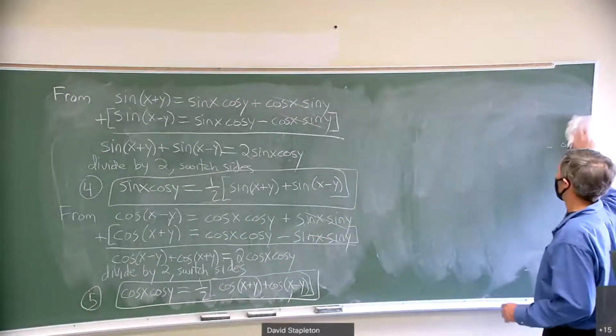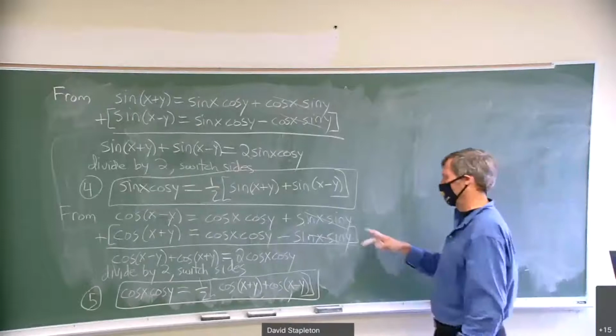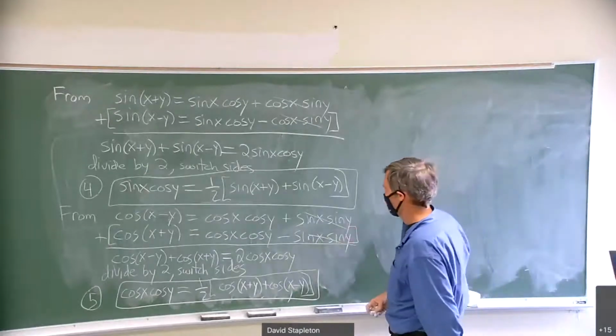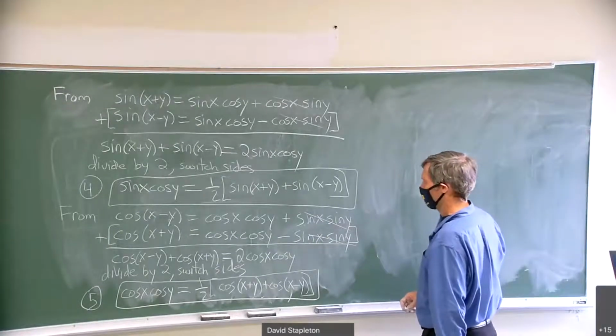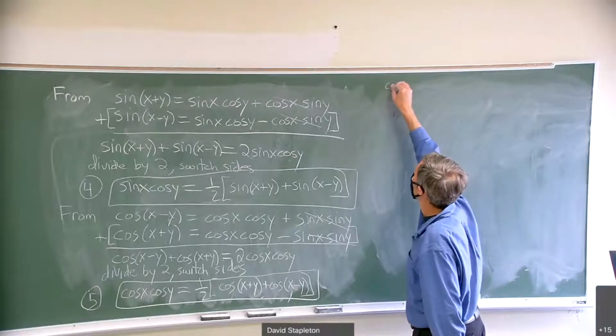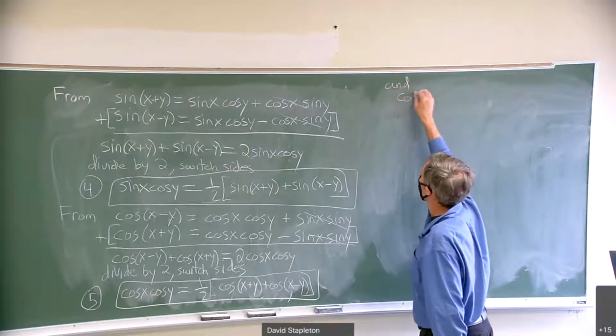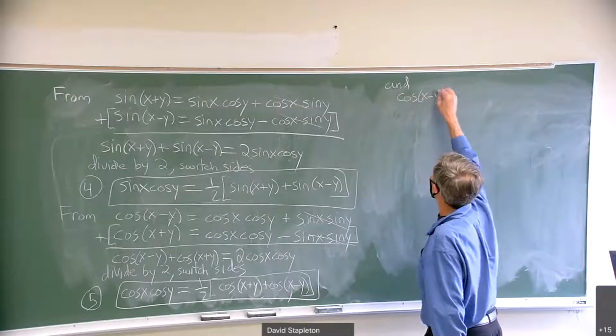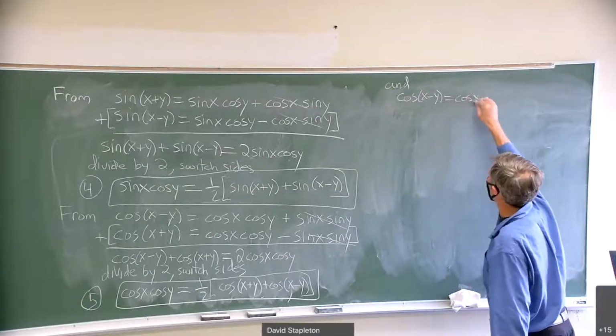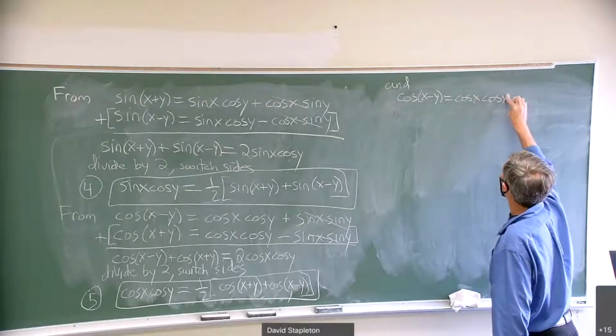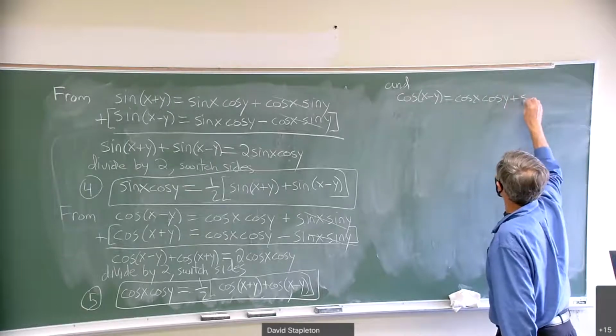Finally, if we take these two identities and subtract them, let's take cosine x minus y. Again, it's cosine cosine plus sine sine.